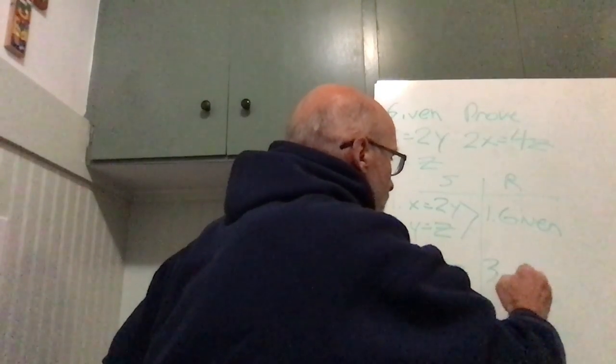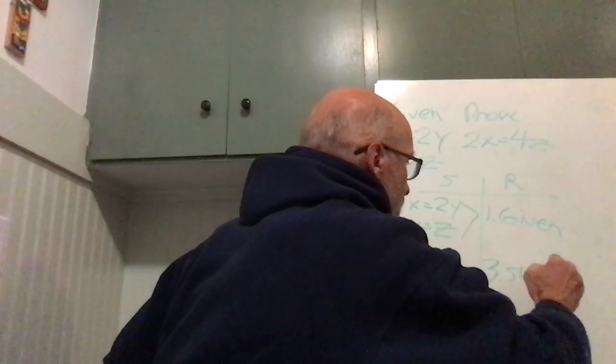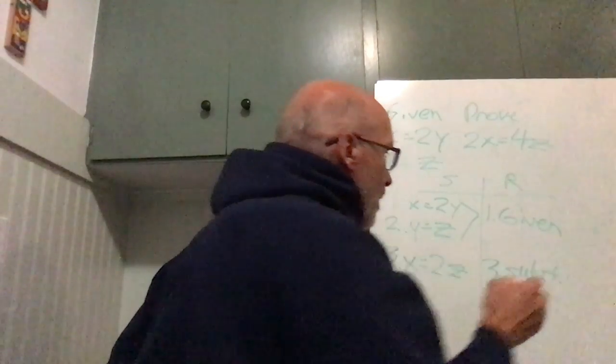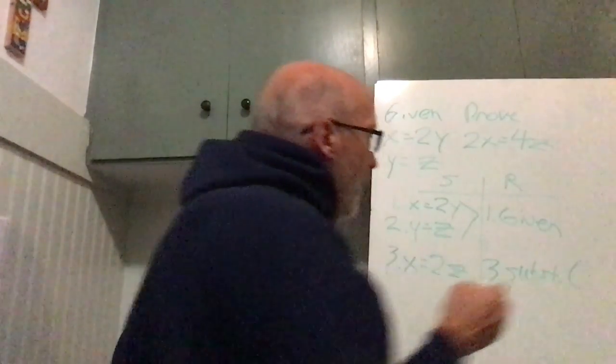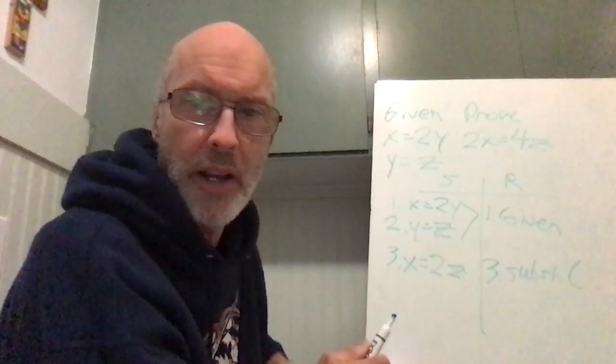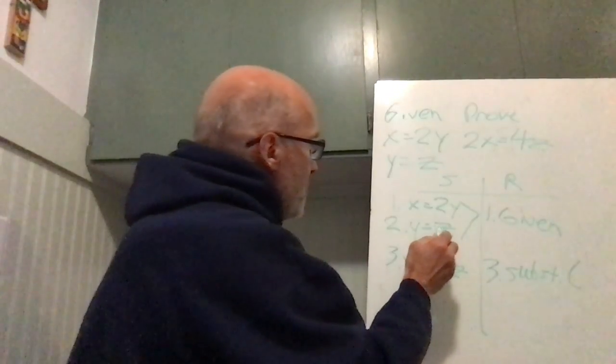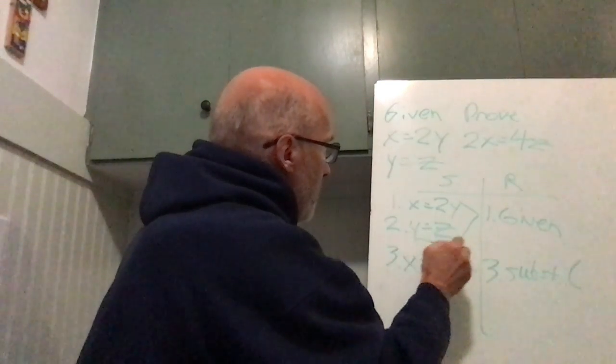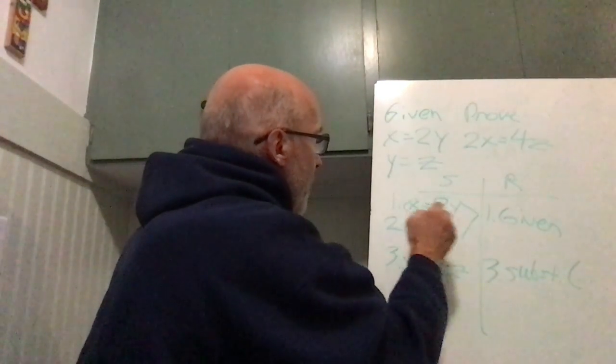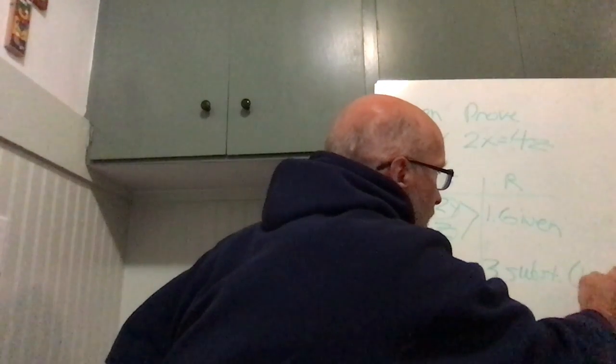So my reason is going to be substitution. Now this is why I'm numbering the steps, because you want to keep track of where you're substituting. I'm using this step, and I'm using this step. So I'm just going to say 1 and 2.